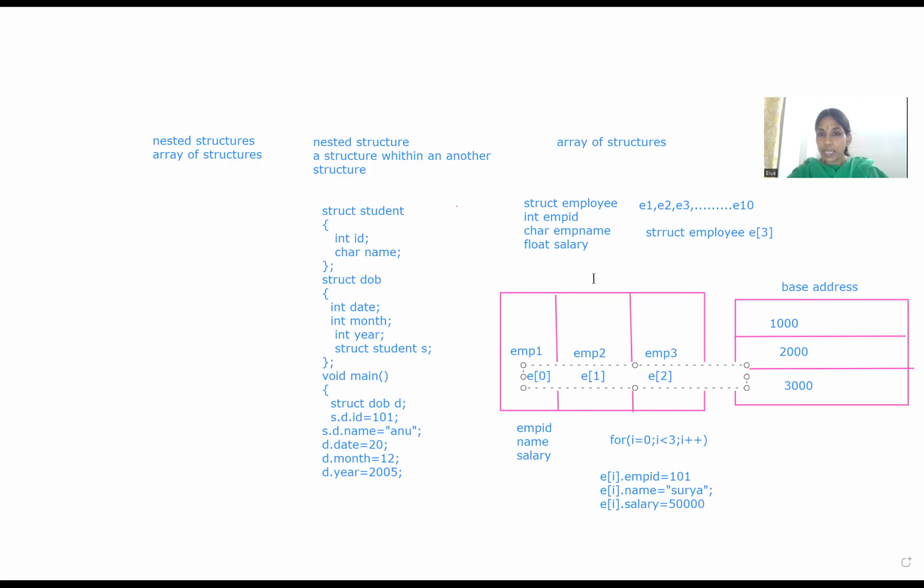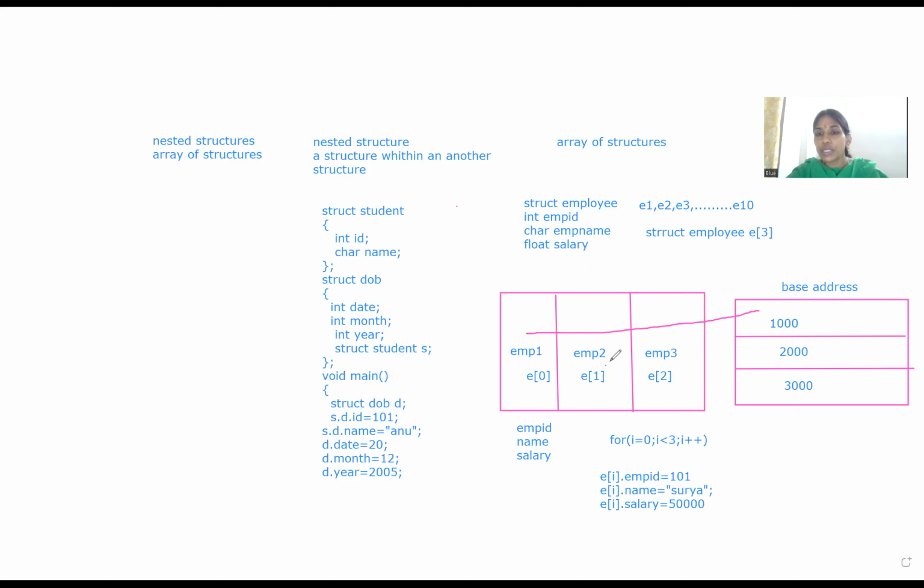So when we are writing E of i employee ID, E of i name, E of i salary, the values are stored in the base address. Here, for employee 1, the base address is 1000.